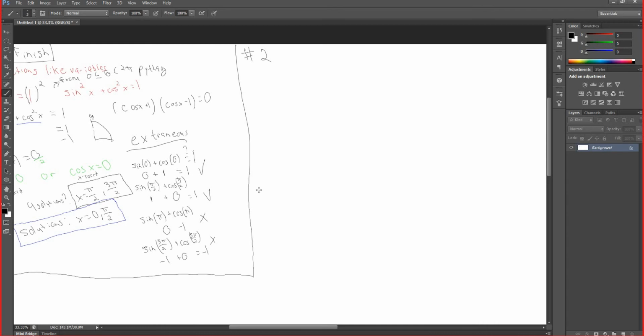They're all going to be from 0 to 2 pi. So for our next one, we just have sine of 2x is equal to sine of x from 0 to 2 pi.